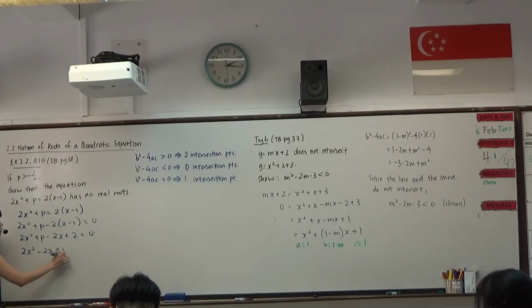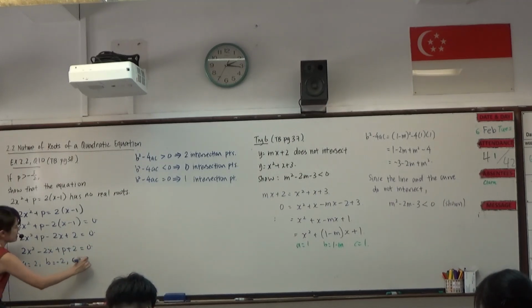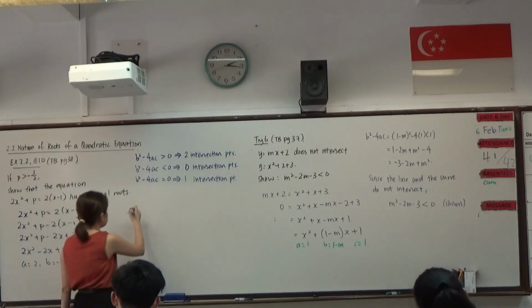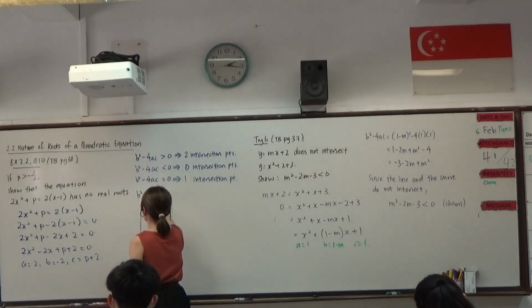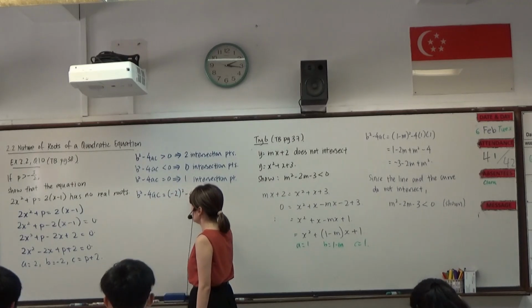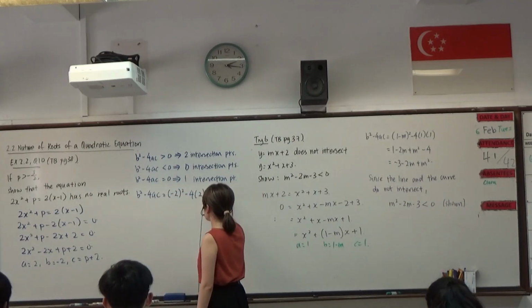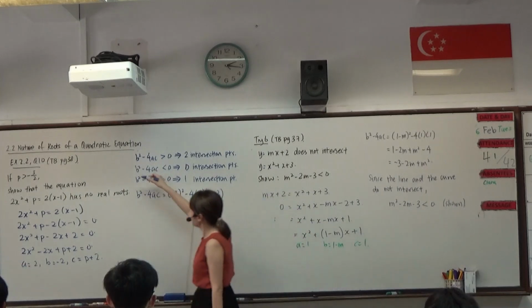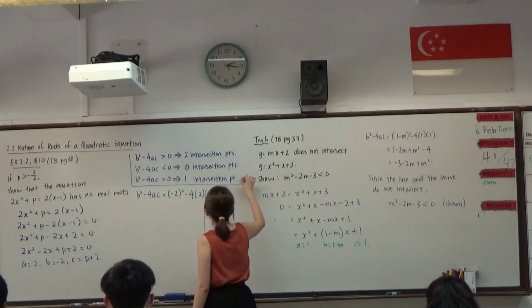In the quadratic form, our A is 2, B is negative 2, C is p plus 2. Then we can find out what is the discriminant. That will be negative 2 squared minus 4AC. Let me just draw a divider.